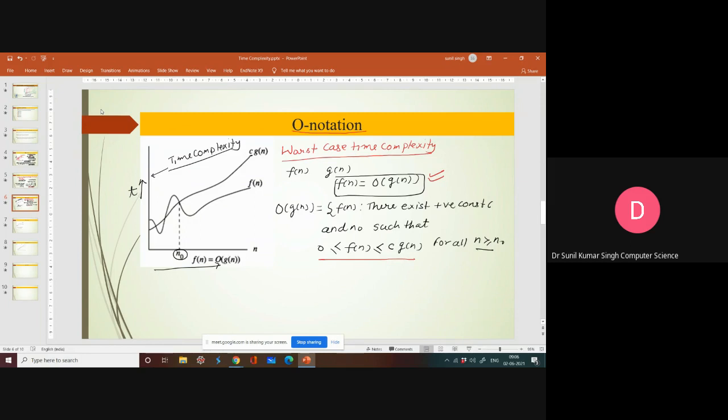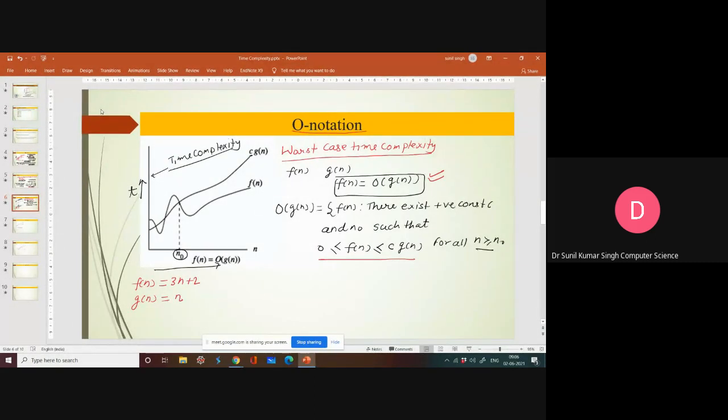Let's explain it with the help of an example. Here we can take the example of some functions f(n) and g(n). Assume that f(n) is equal to 3n plus 2 and g(n) is equal to n.